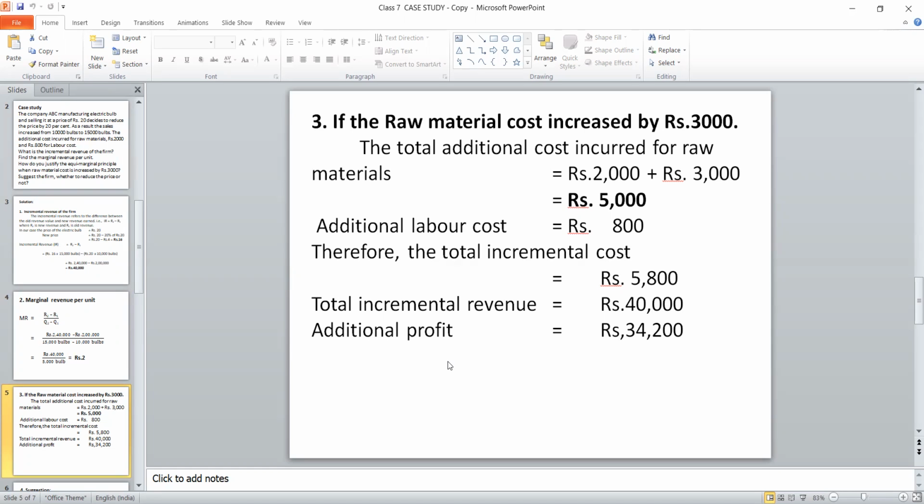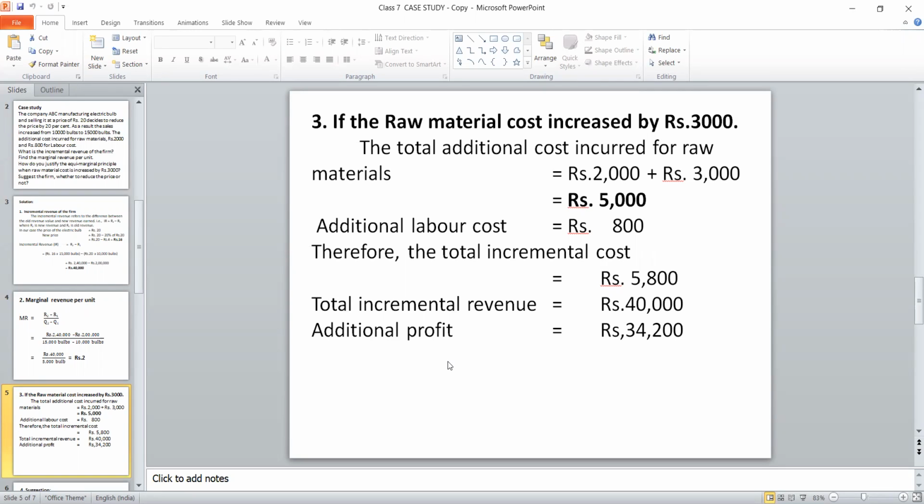For this change we have to spend additional labor and additional raw material. For that sake, the marginal revenue will be there. This marginal revenue must be equal to whether you produce or not. Suppose it is an increased value, then we can say it is following the marginal principle. When you additionally produce something, you can earn the profit. Because of that price reduction, they got 40,000 rupees additional value.